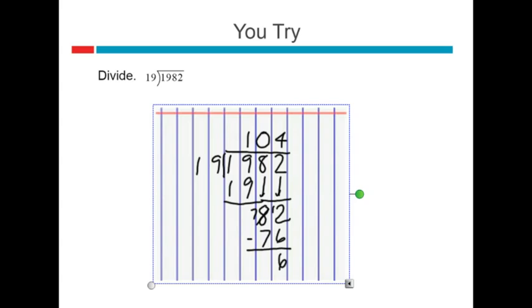So now I have a remainder of 6. 6 is less than 19. So we should have a quotient of 104 with a remainder of 6. So now keep practicing, and we will see you soon.